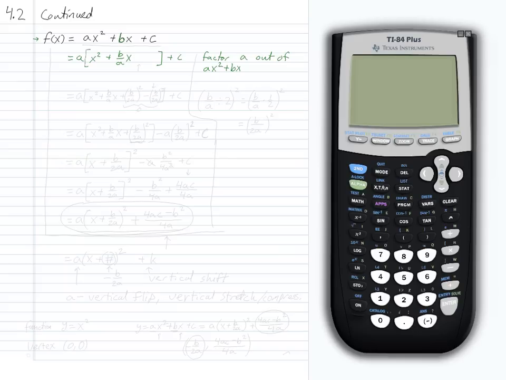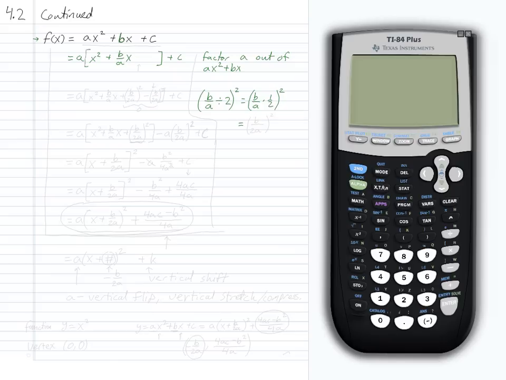Now that I have a 1 in front of x squared, I can take that coefficient of x, b over a, and divide by 2. And I'll square the result. Alright, so b over a divided by 2, that's the same thing as b over a times 1/2.